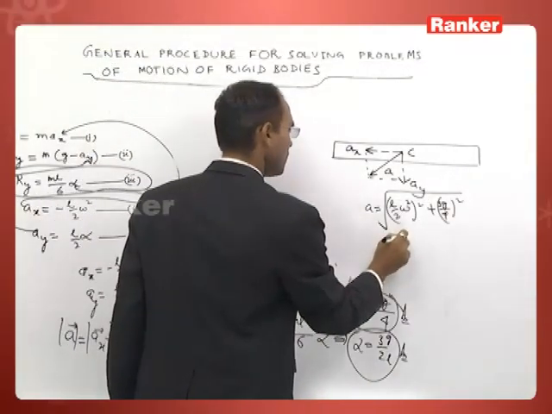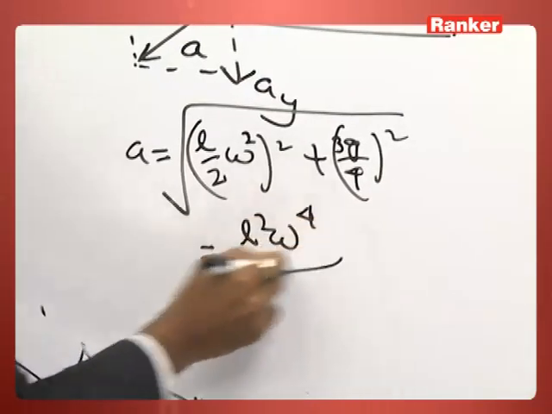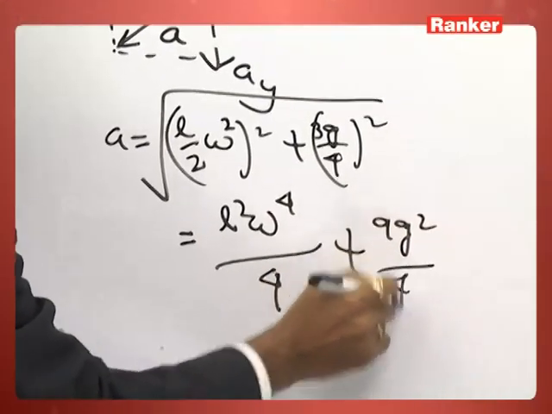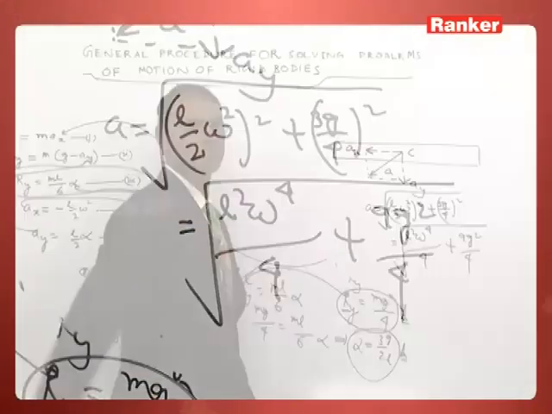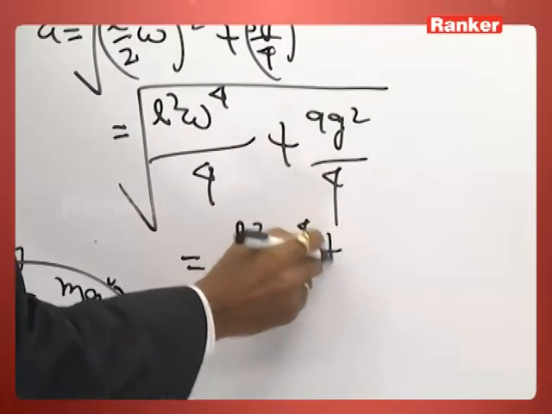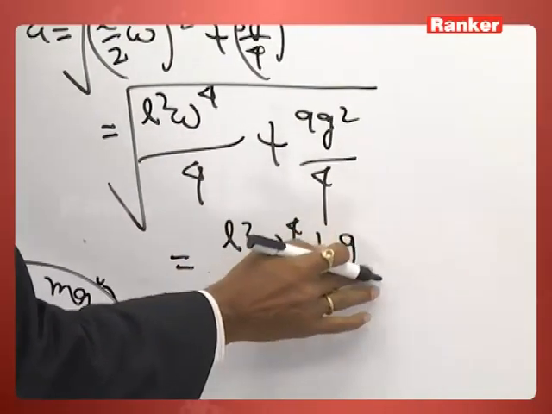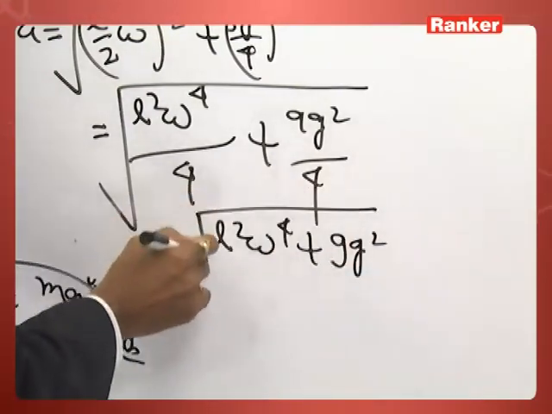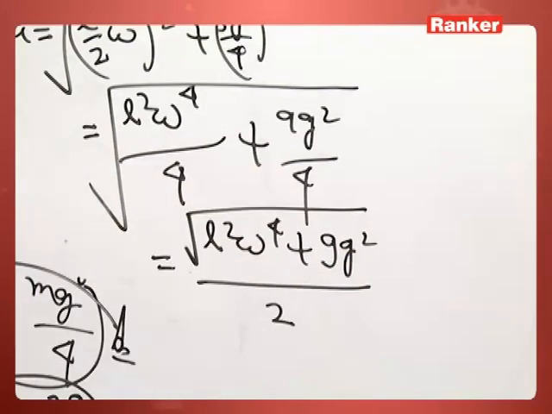This is equal to the square root of L square omega to the power 4 by 4 plus 9 g square by 4. And we can get square root of L square omega to the power 4 plus 9 g square, all by 2.